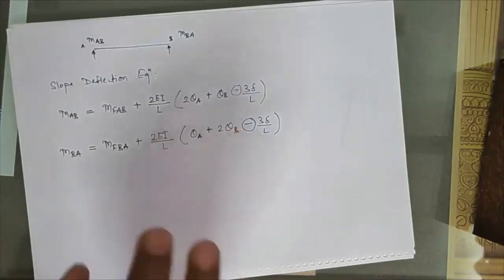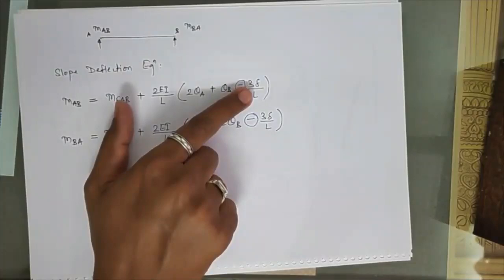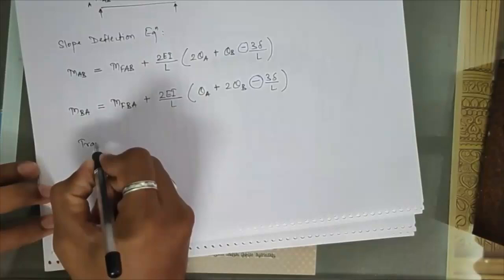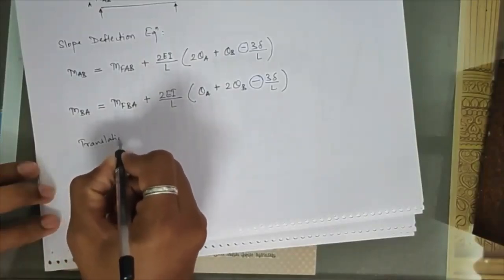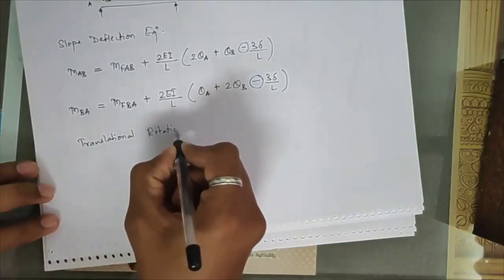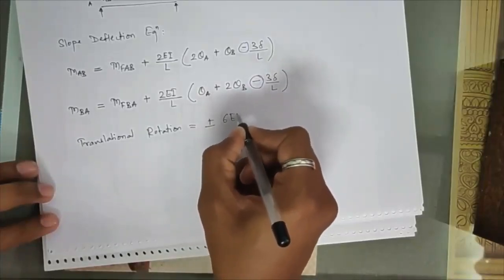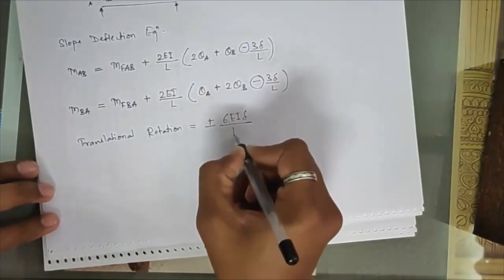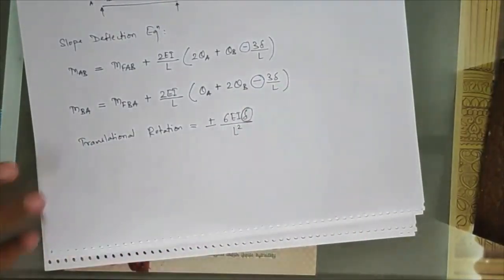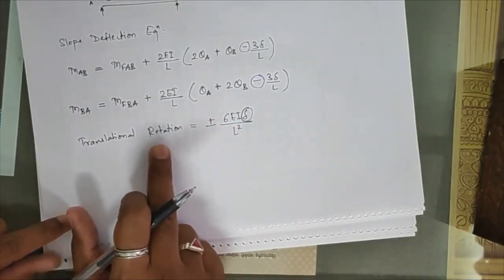So first we will see the sign conventions for this translational rotation, which is equal to plus or minus 6EI delta divided by L square, where delta is the vertical or horizontal displacement due to which this translational rotation is induced.